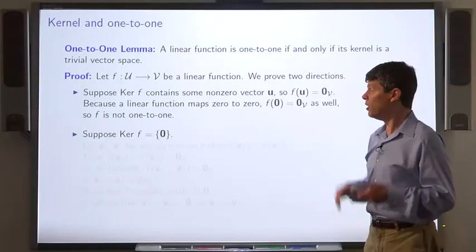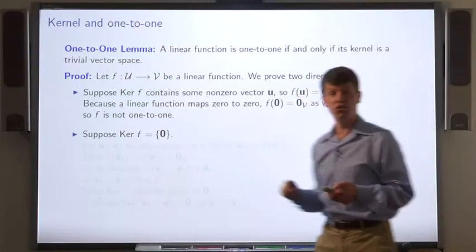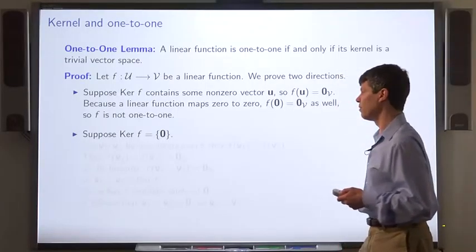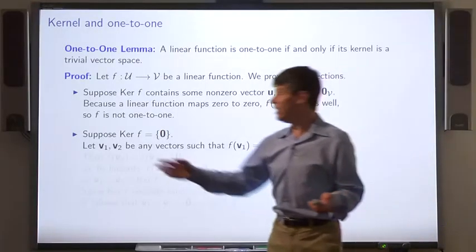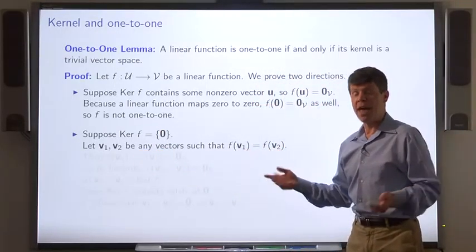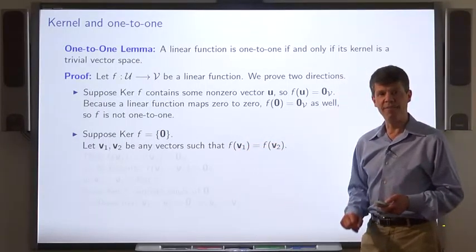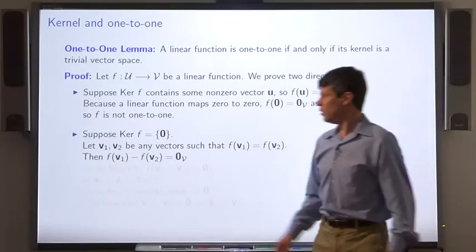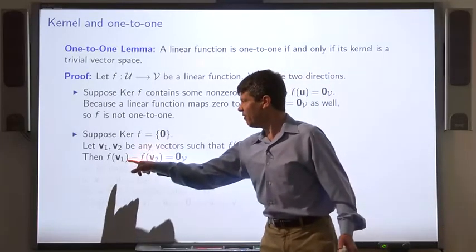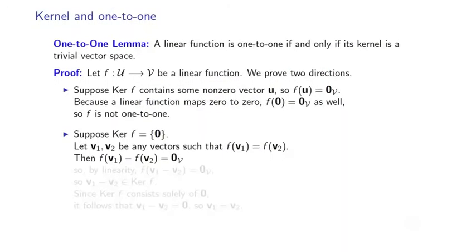Here's the second part. Suppose, on the other hand, that the kernel is trivial. It contains only the zero vector. And let v1 and v2 be any two vectors that have the same image under f. f(v1) = f(v2). Moving this to the other side, we get f(v1) minus f(v2) is the zero vector. Then by applying a property of linearity, f(v1 minus v2) is the zero vector.